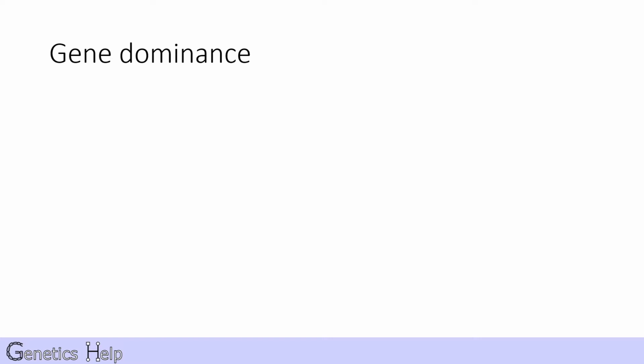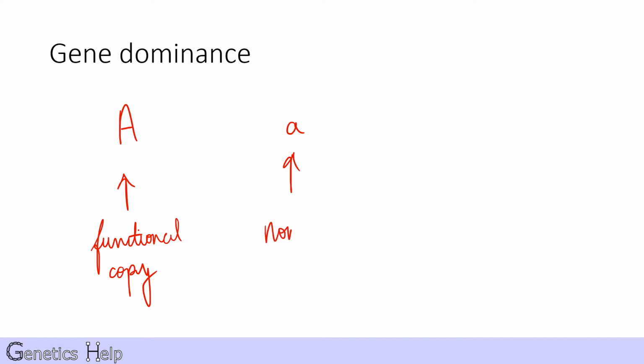The next important topic is gene dominance, which refers to how genes are expressed and the variations between the expression. For example, we might have gene A here, and let's say this big A is a functional copy, and little a is non-functional. And let's say you only need one copy. One copy is enough, which is called haplosufficient.